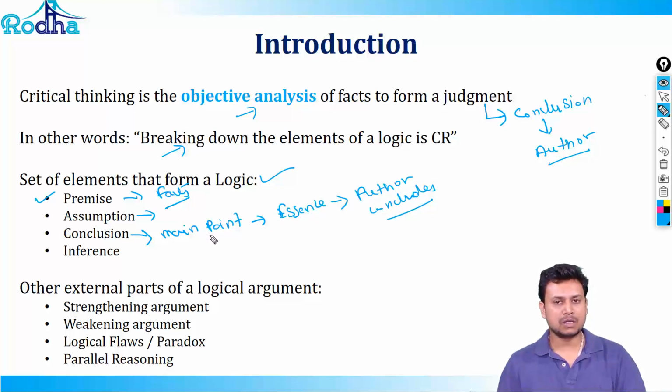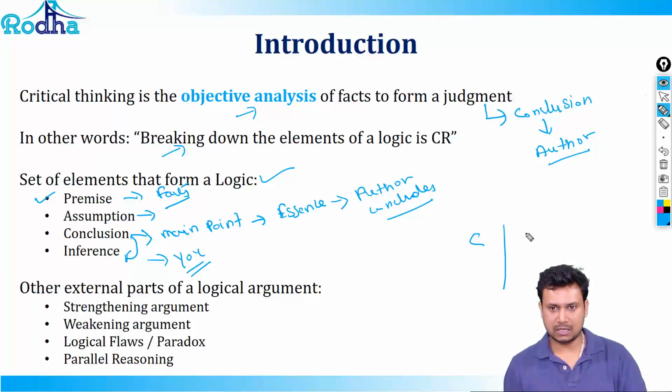And always remember, from the conclusion you infer. So inference is always given by you, the reader. The reader infers, the author concludes. So if I were to write it like this, C and I: C is always given by the author, and inference is always given by the reader.